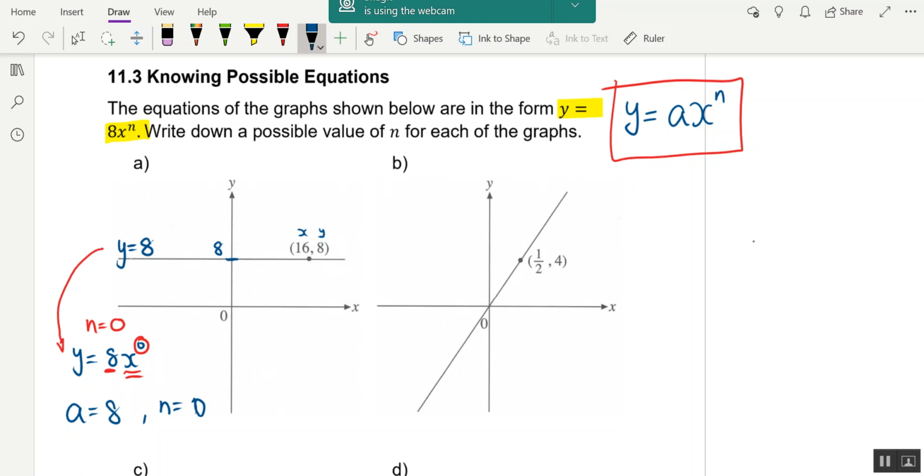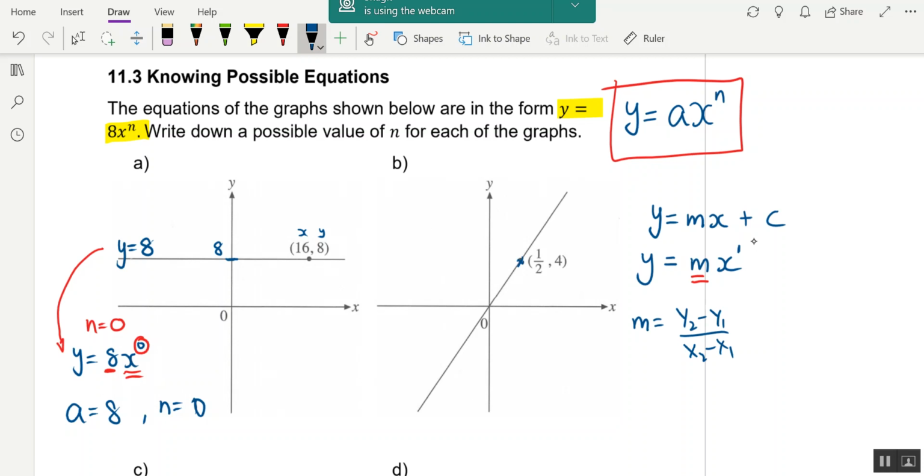Okay, so next, straight line going up. A straight line going up has the equation of y equals mx plus c, right? In this case, the y-intercept is 0, so there's no c, so there's only y equals mx. X here alone means x is to the power of 1. Next, how do we find the m? M is called gradient. Gradient, we can use y2 minus y1 over x2 minus x1.